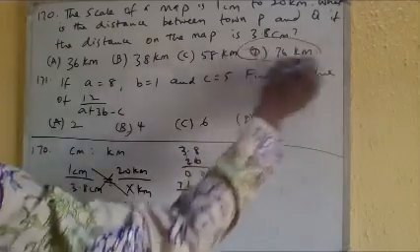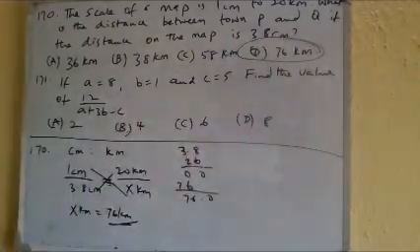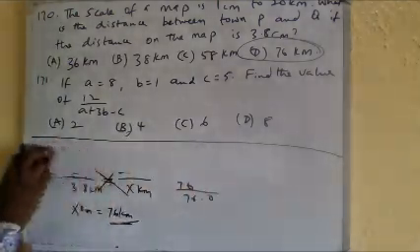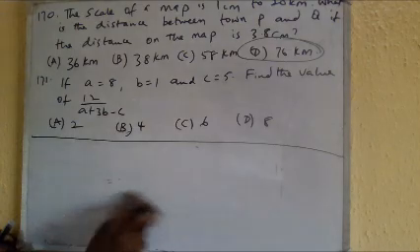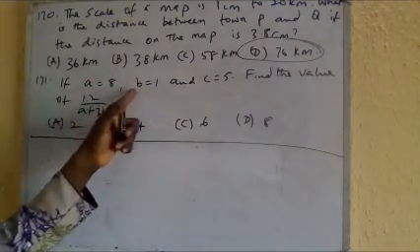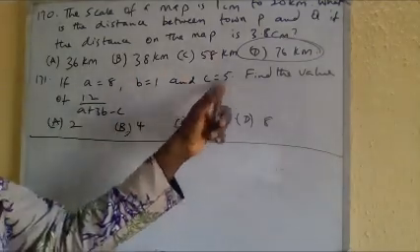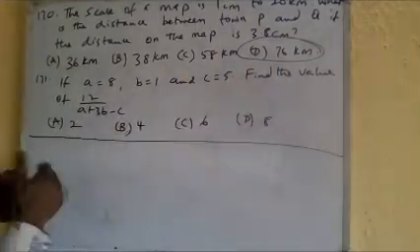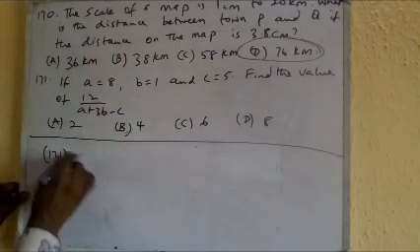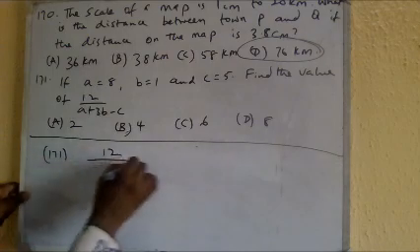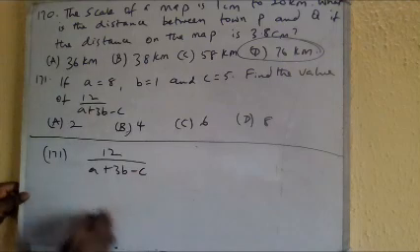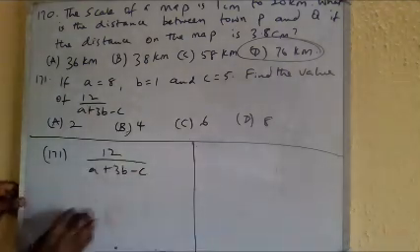Okay. So for number 171, the next question, it says if A is equal to 8, B is equal to 1, C is equal to 5, find the value of this one here. So we're looking for 12 over A plus 3B minus C. We are given that A is 8, right?